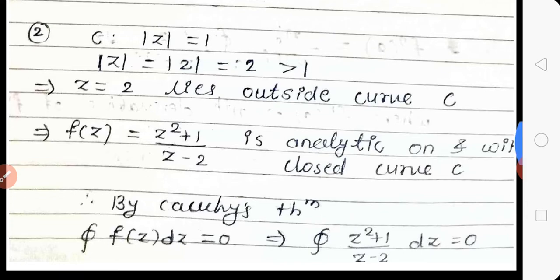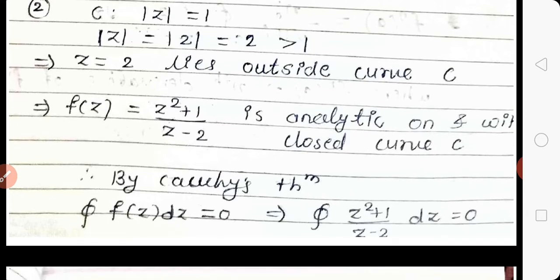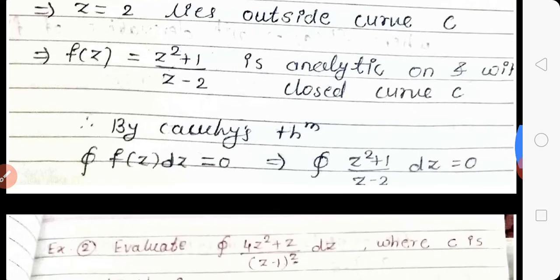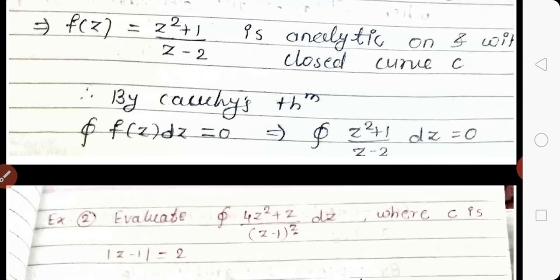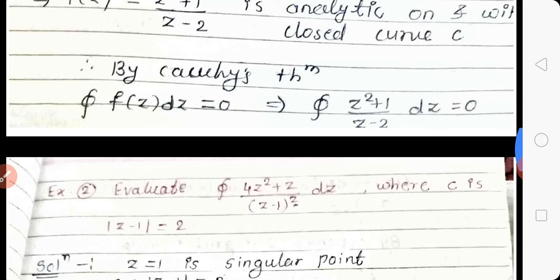That is, z is equal to 2 lies outside the curve C. Now, if z equal to 2 lies outside the curve C, then the whole function, z square plus 1 upon z minus 2, is analytic on and within the closed curve C. Therefore, by Cauchy's theorem, the value of integration of f of z dz is equal to 0.